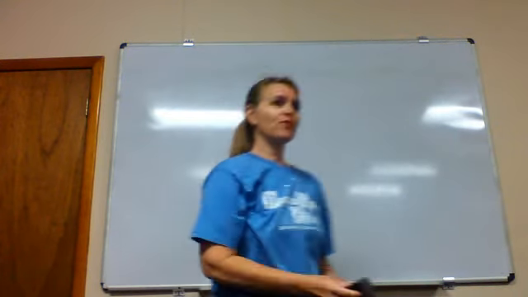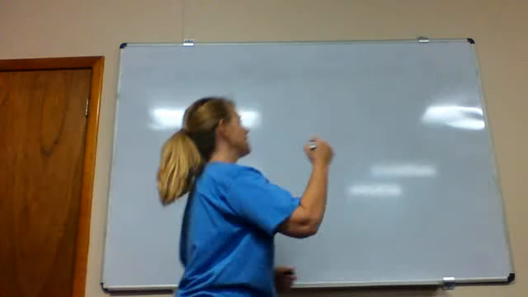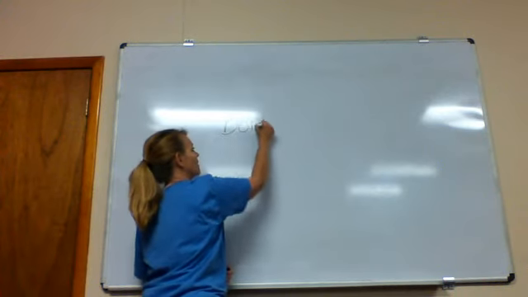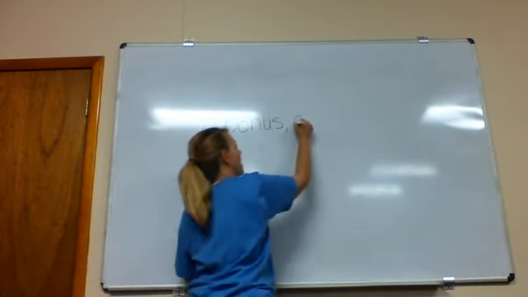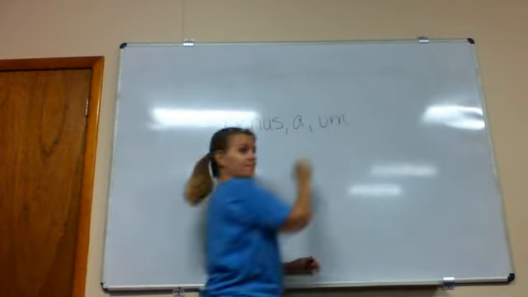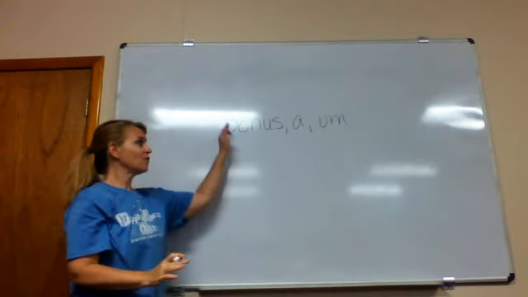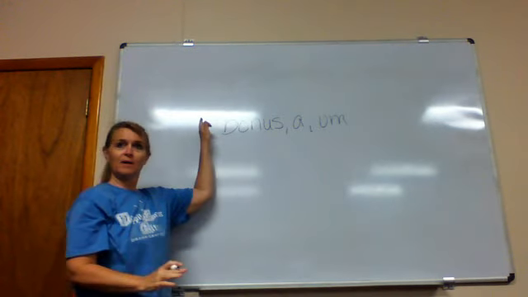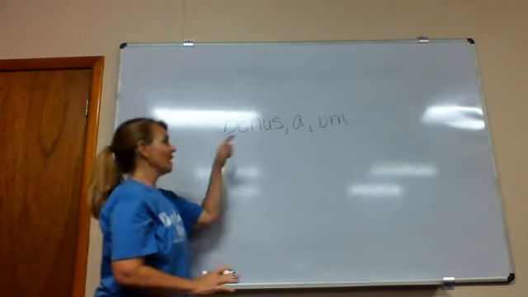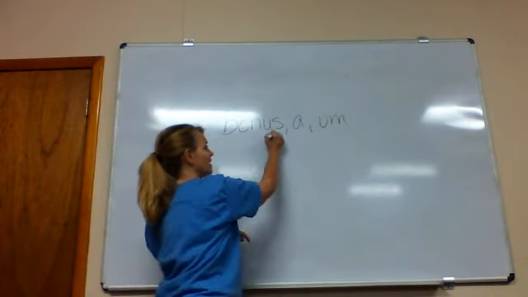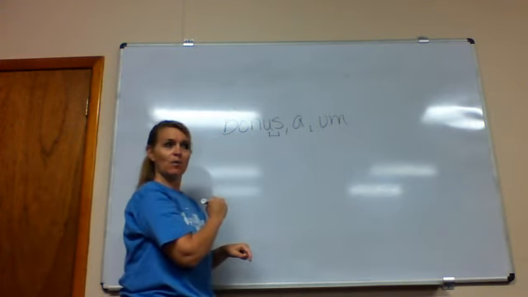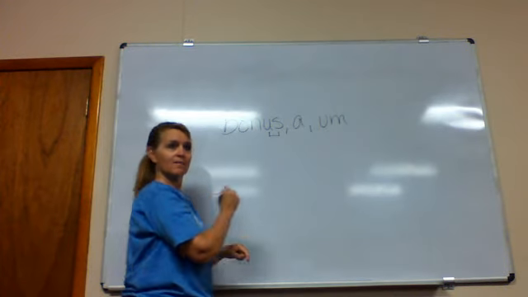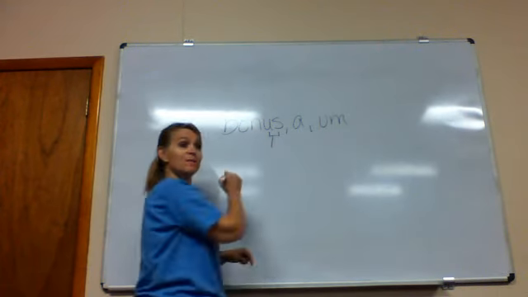When you see a first, second declension adjective in your book, this is how it's going to be given. Bonus, bona, bonum. All first, second declension adjectives will be given like this. Now, if you notice, this one ends in us, like what? Second declension masculine.